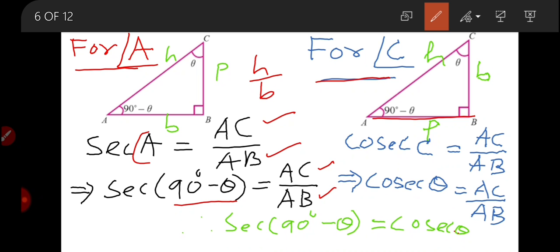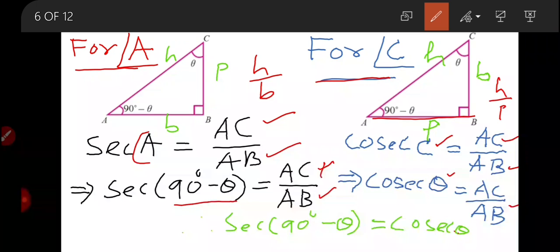Similarly, in the same triangle ABC, for angle C, cosec C is equal to H by P. In this triangle, H is your AC and P is your AB. So cosec of angle C, that is theta, so cosec theta is equal to AC by AB.